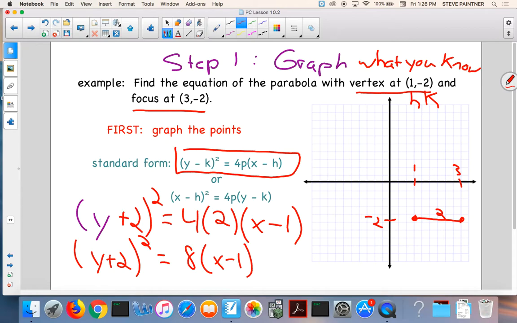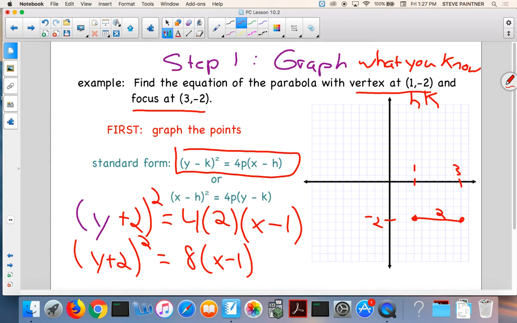Okay. I want to graph this thing. Remember when we were graphing yesterday, we picked special points to graph. Which points were those? Latus rectum. We want the points that measure the focal width, also known as the latus rectum.